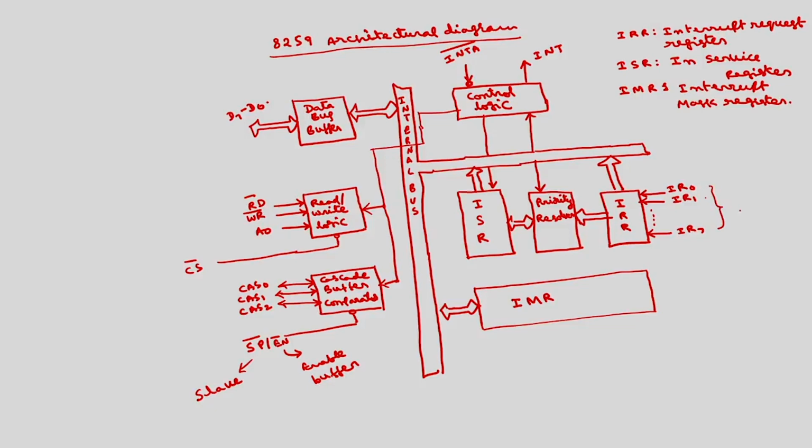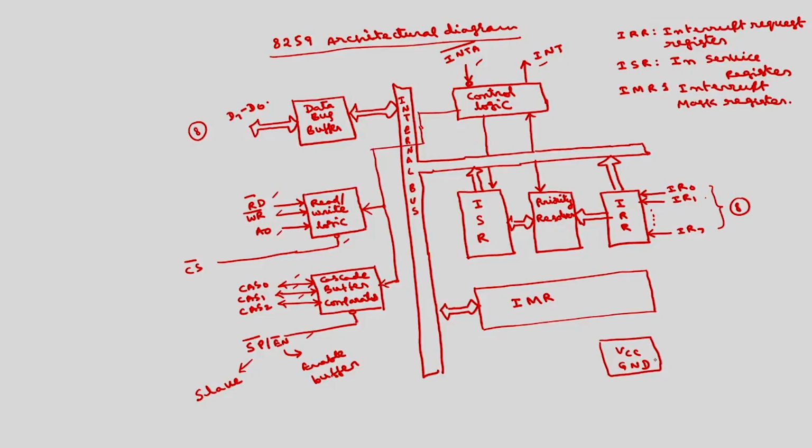There are 8 signals here, and these 8 signals here, 16 signals, then 2 signals here, 18, 19, 20, 21, 22, 23, 24, 25, 26, and there are 2 signals, VCC and ground. This 8259 is a 28 pin IC.